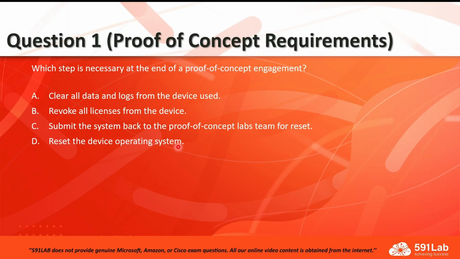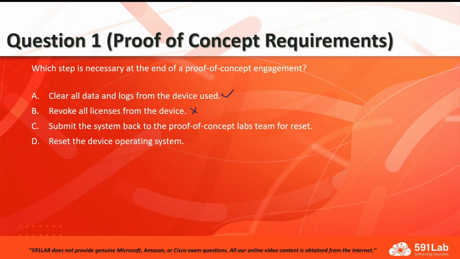From those options, we need to check each one. Option A, clear all data and logs from the device used. This is necessary for each proof of concept that has been done. B, revoke all licenses from the device. This is not needed because the license will also be removed. C, submit the system back to the proof of concept labs team for reset.